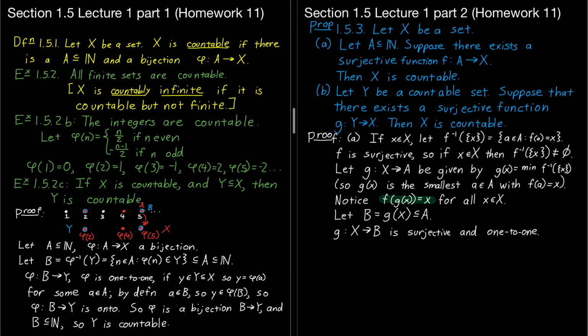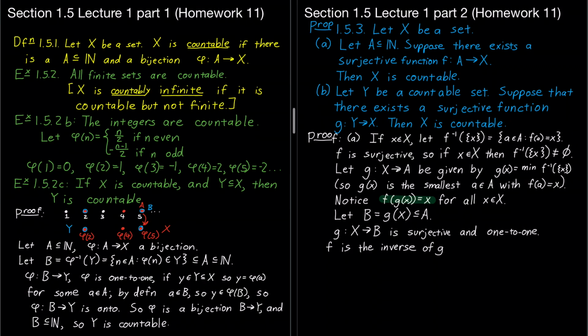And f is the inverse of g. That is, f regarded as a function from B to X is the inverse. f regarded as a function on A is a little bit more complicated.